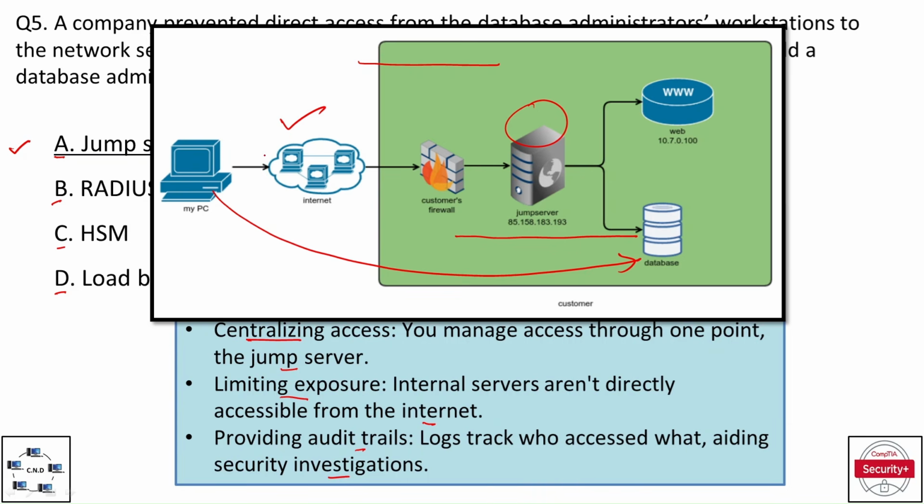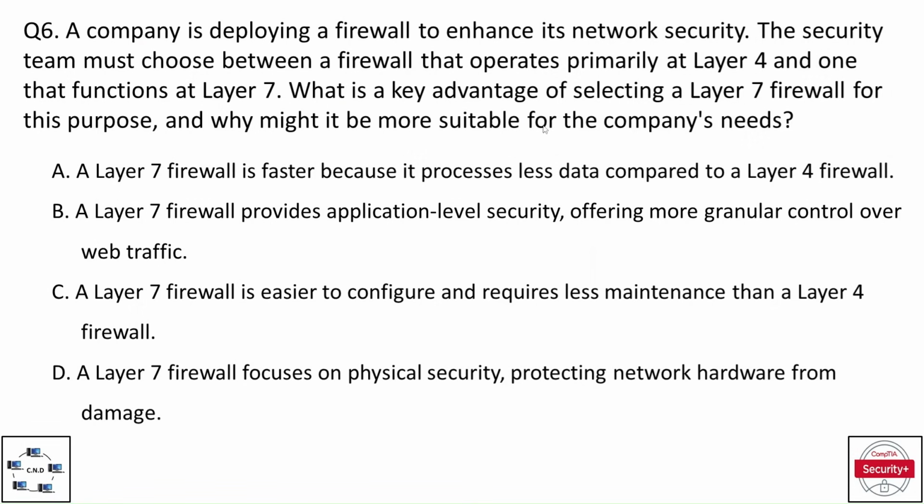So what the organization will do is that the remote administrator will first log in onto the jump server, and then from the jump server he or she can access and manage the organization resources. So this jump server is a centralized access server that is hardened and allows only authorized users and services to be accessed.